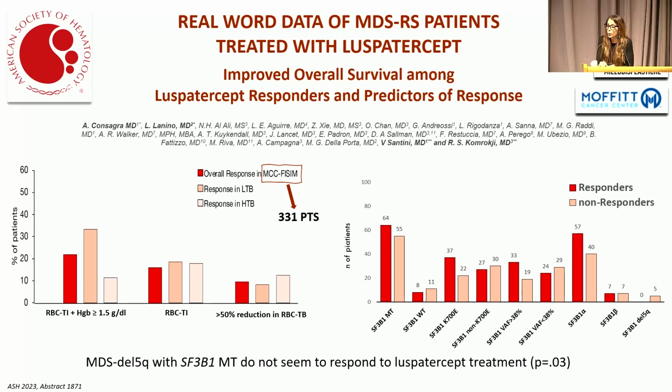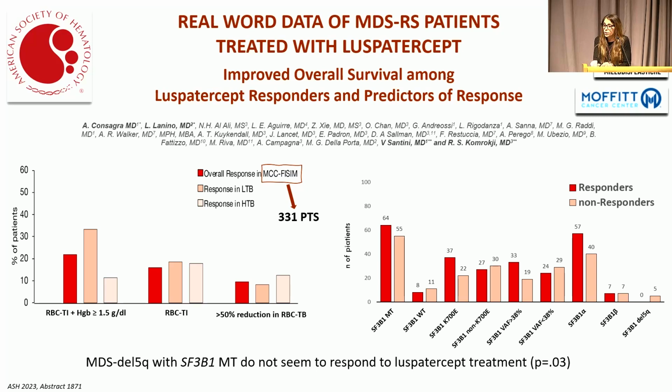In the alpha group, patients present only the mutation of SF3B1 or another different from the beta. And the third group, where patients presented the mutation of SF3B1 together with the deletion of 5q.